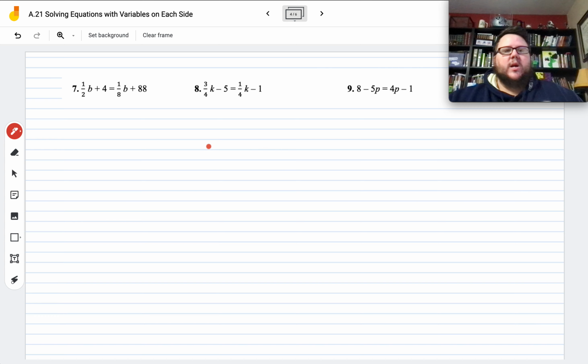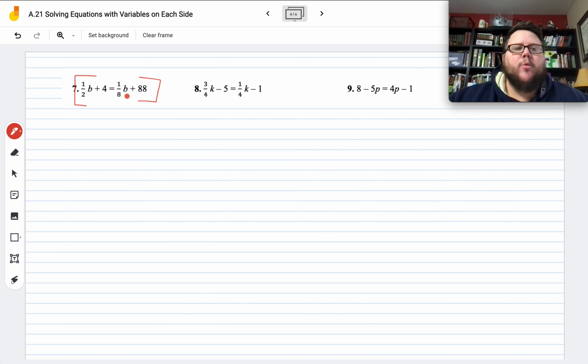Good. So I'm going to show you guys the fractions. All right. If you notice, this one has a fraction. So the first thing I want to do is get rid of all denominators. So what I'm going to do is multiply the entire equation by, if I have 1/2 and 1/8, the least common multiple of 2 and 8.